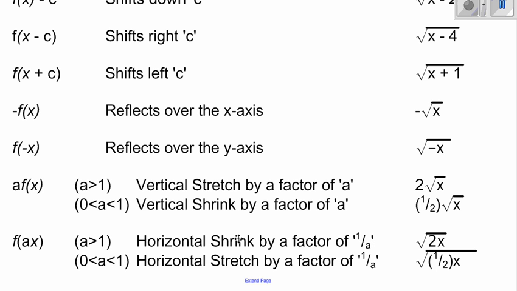And again, if that's a fraction, then it will stretch it by a factor of 1 over a. So 1/2 in front of the x inside the square root will actually stretch it by a factor of 1 over 1/2, which would just be 2. It would stretch it by a factor of 2.